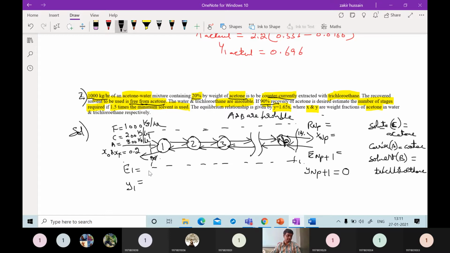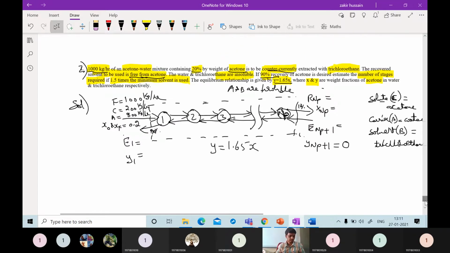Whether they have provided E1 and Y1, we have to find out. How can we find out E1 and Y1? They have given the equilibrium relationship, Y is equal to 1.65 X, in terms of weight fractions. Now the unknown parameters we will find out.